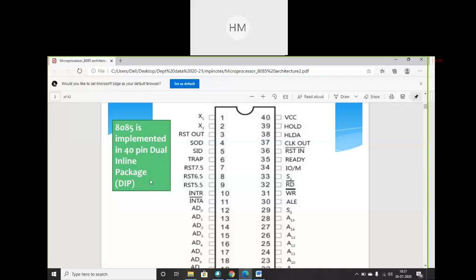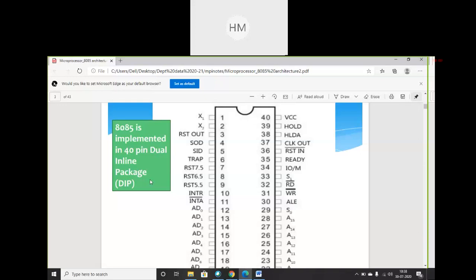See, whenever ICs are fabricated or manufactured, they have their own packages. This package is known as DIP, the normal ICs which you use in your digital electronics lab, in your basic electronics lab, in your microprocessor lab. Those ICs are known as DIP ICs. Its full form is dual inline package.